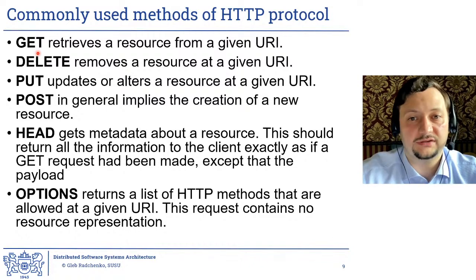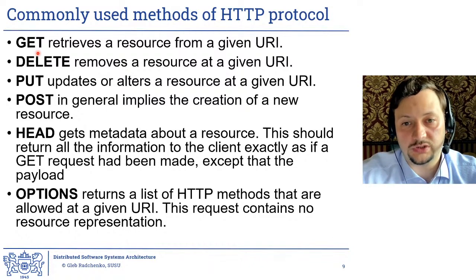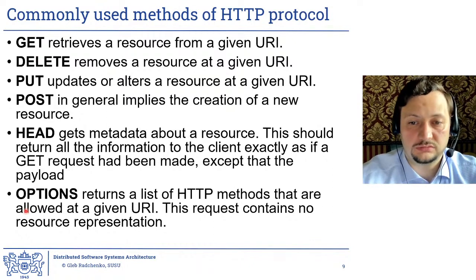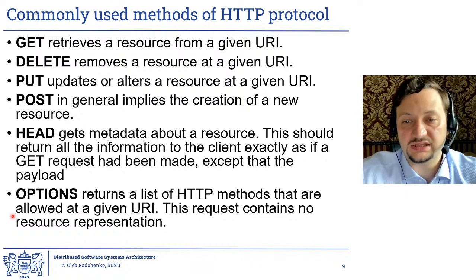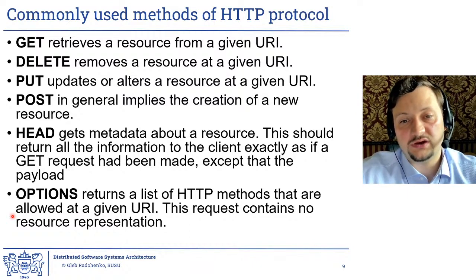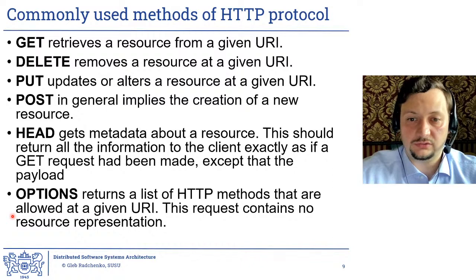So we do not get the information about the whole page. OPTIONS. It is a special request that would return us a list of HTTP methods that are allowed on the given URI.